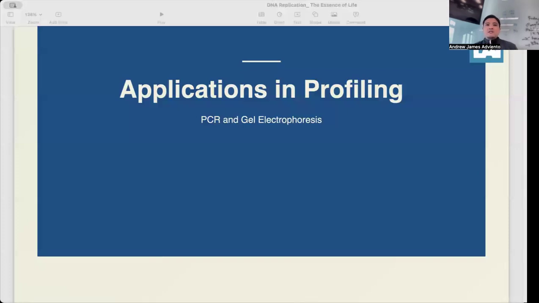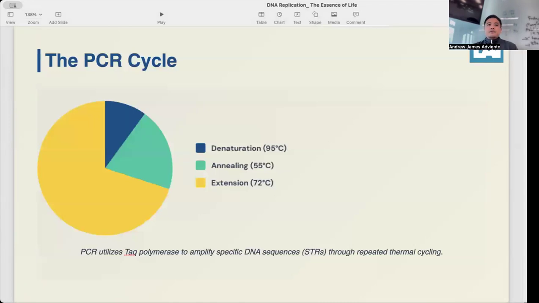So what's the application of this to profiling? Why does this matter to us? Well, we've taken these biological tools out of the cell and put them into the lab to create DNA profiles. So first we use PCR, and this is essentially DNA replication in a test tube.